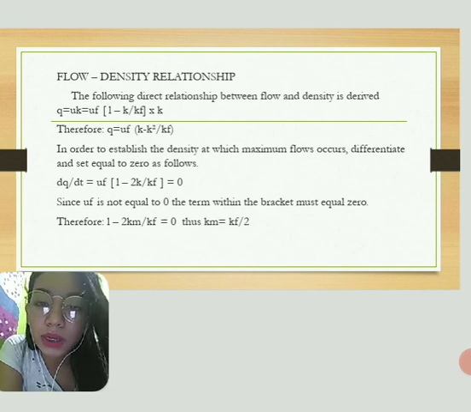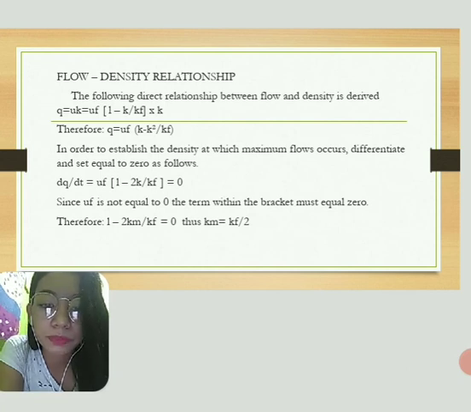So, earlier, Q is equal to Uf times K minus K squared over Kf. You need to equate its derivative to 0, then it becomes 1 minus 2 Km over Kf equivalent to 0. Then, deriving the formula further, it becomes Km equivalent to Kf over 2.